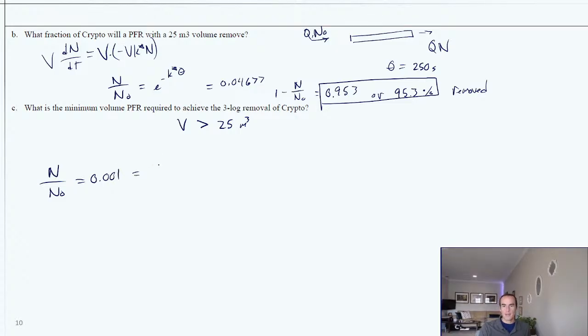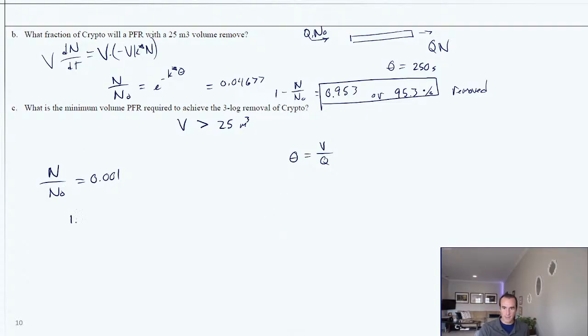And we can say then how to find our volume. Well, we know theta is going to change with volume, V over Q. So we can rearrange this a little bit. We're going to solve for volume given some theta.